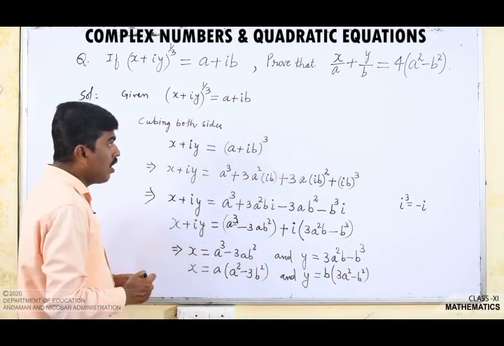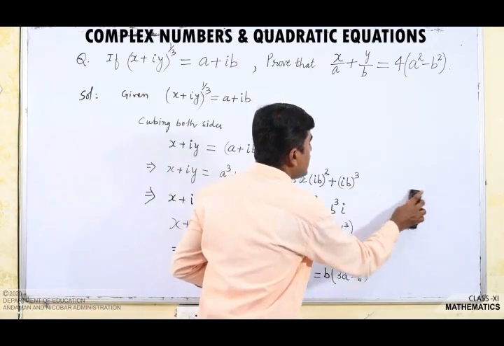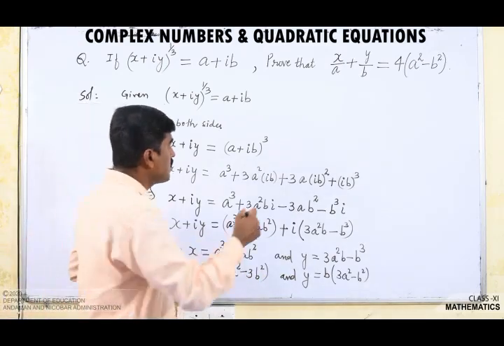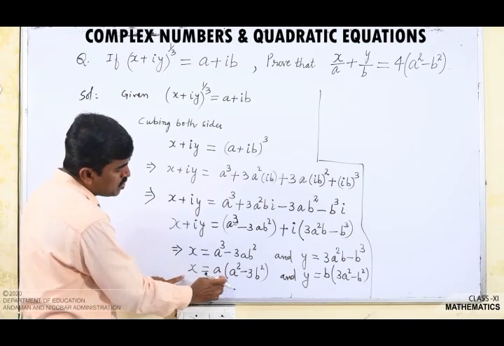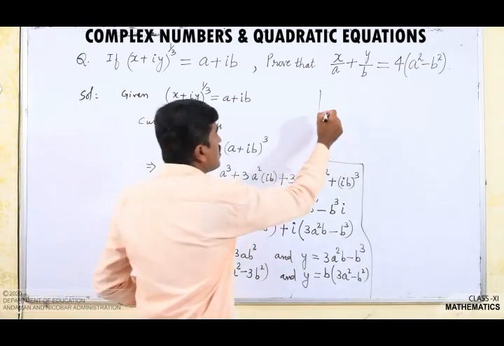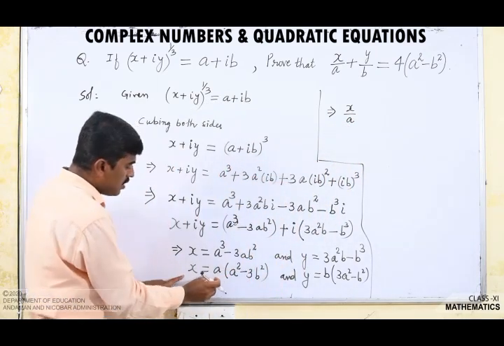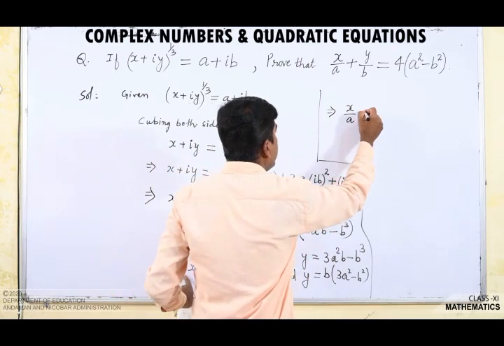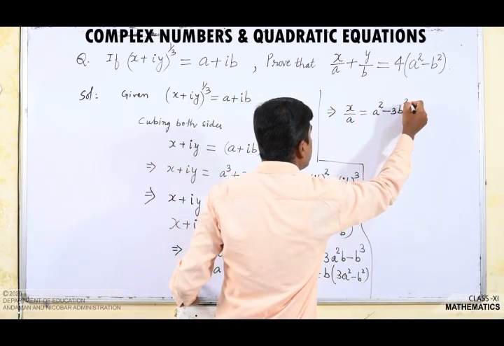Now from this one we can write x is equal to a into (a square minus 3b square), which implies that x by a, taking this a in the denominator of x, is equal to a square minus 3b square.